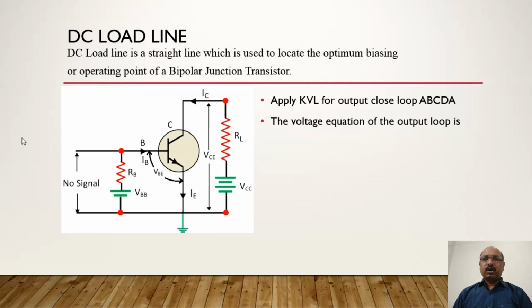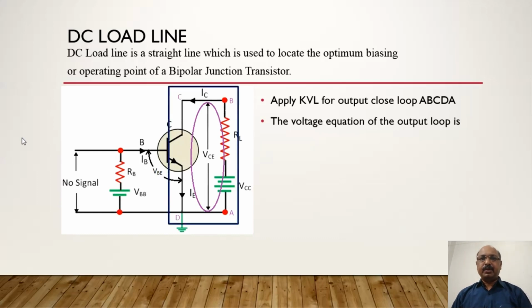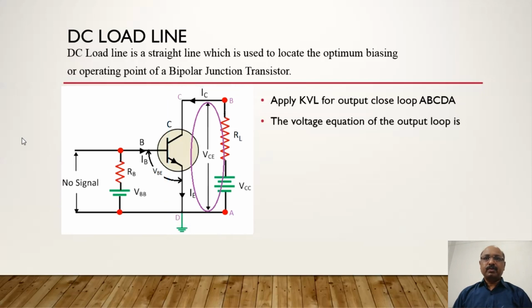Now for calculating the cutoff and saturation points, apply Kirchhoff's voltage law for the output closed loop, that is A, B, C, D, A. Here VCC is a battery. If we go from negative to positive, it is taken as a positive sign as per the algebraic sign rule.